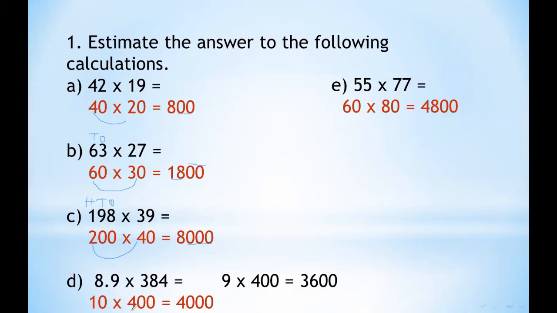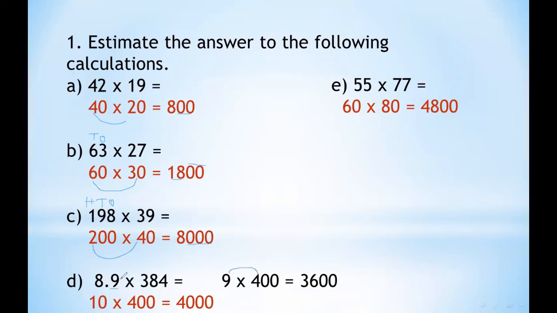Same thing here with 8.9 multiplied by 384. You can look here, there is a decimal point. So you can take 8.9 as the whole number 9, and 384 rounded to the nearest 100 will be 400. So you can take 9 4s are 36 and 2 zeros.